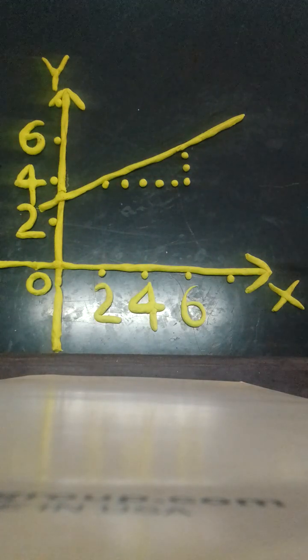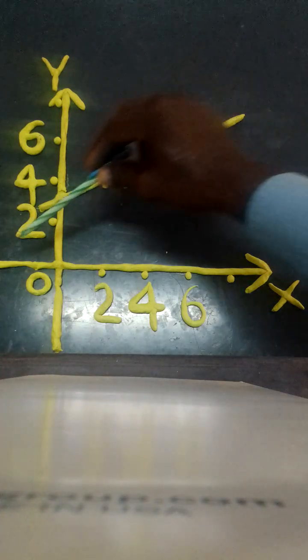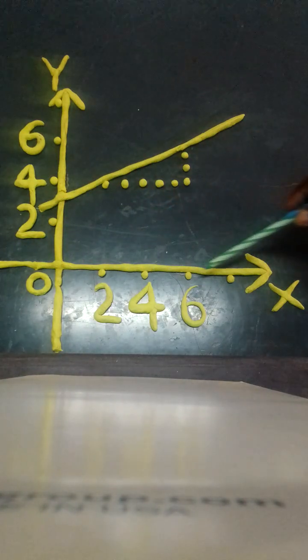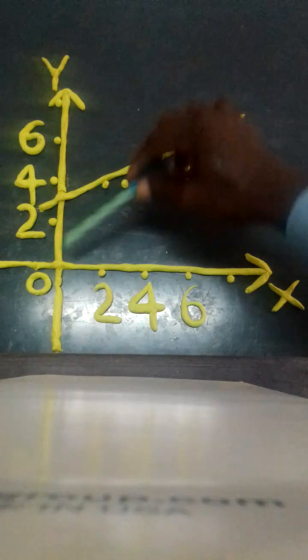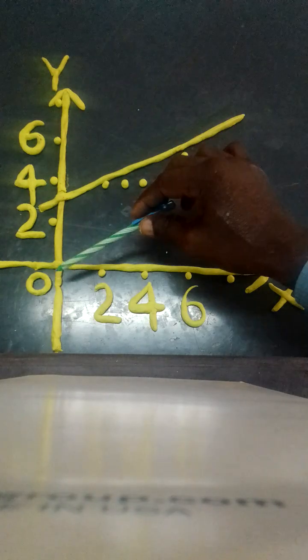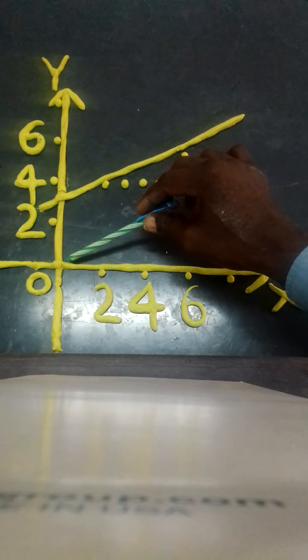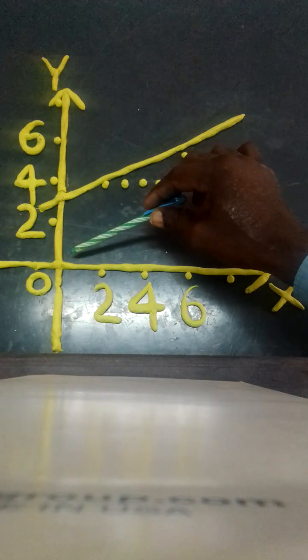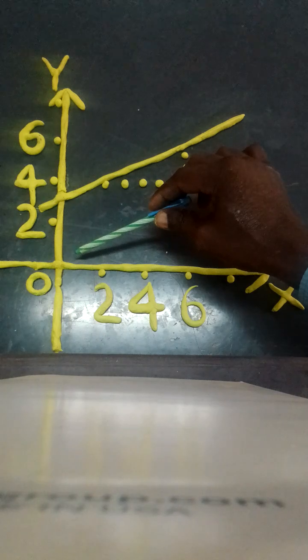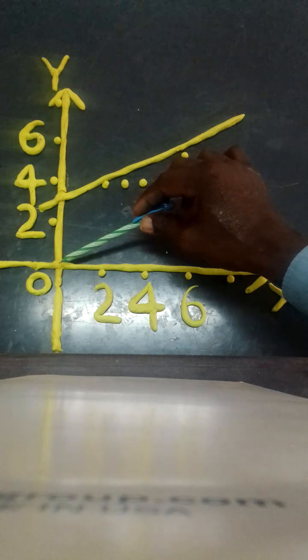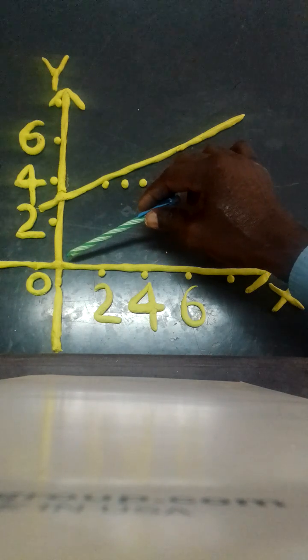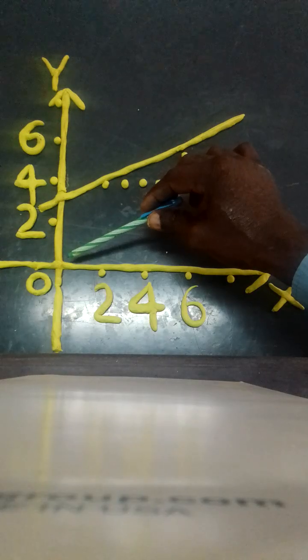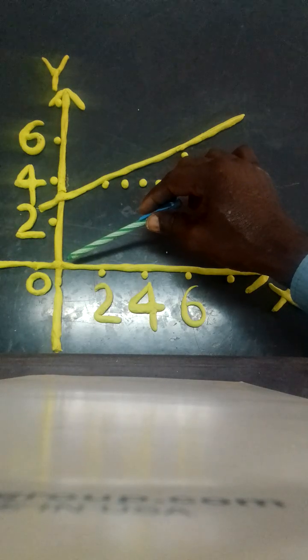Where the two axes meet, where the x-axis crosses the y-axis, we have the point with x and y values as 0, 0. The value of x is 0 and the value of y is 0. It is called the origin.